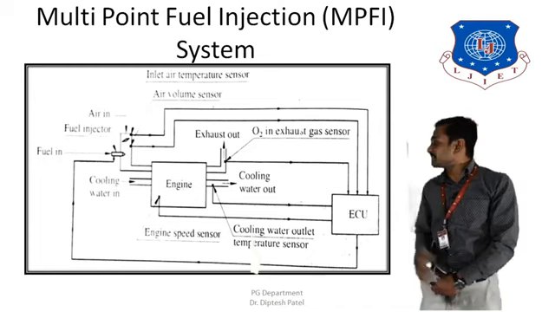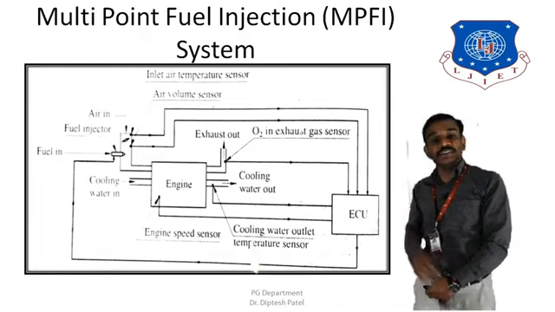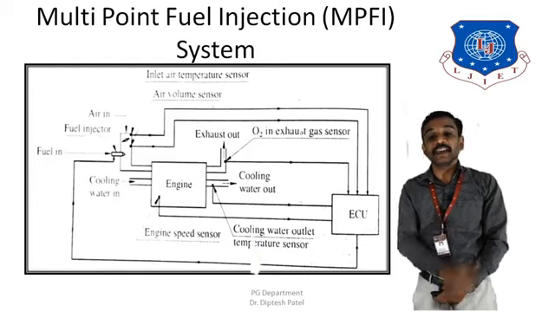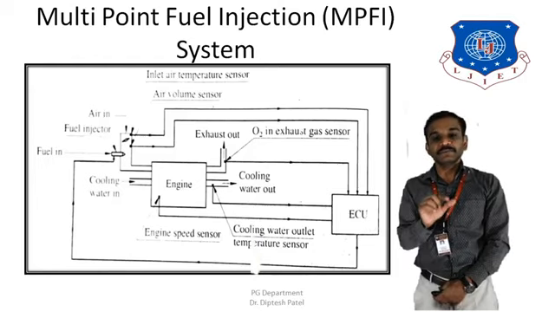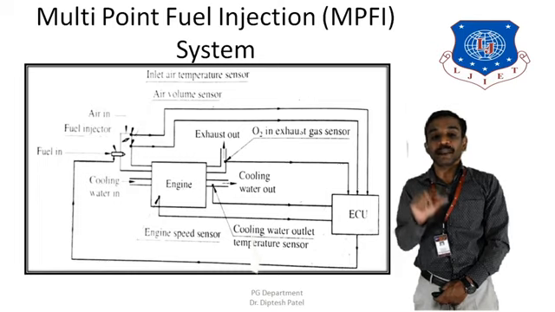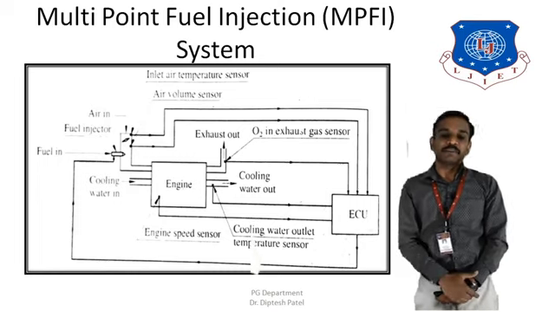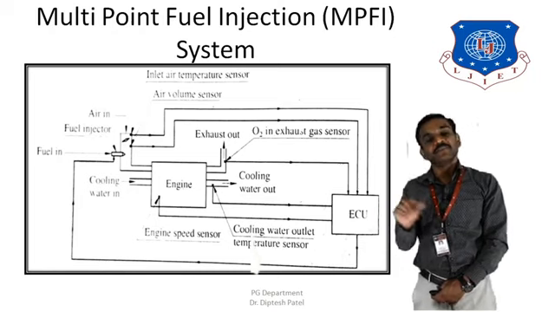So these sensors provide information to the ECU, and based on that information, the ECU signals the fuel injector to supply the amount of fuel required for the particular application the engine is to run.